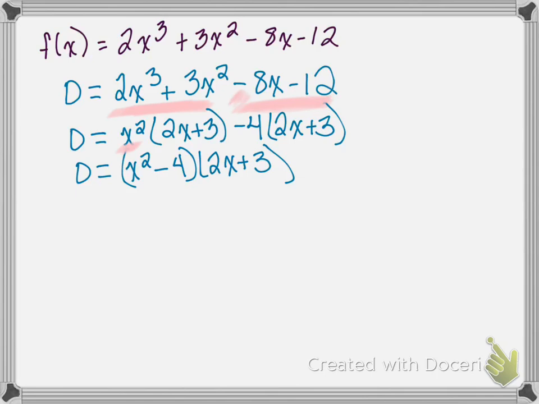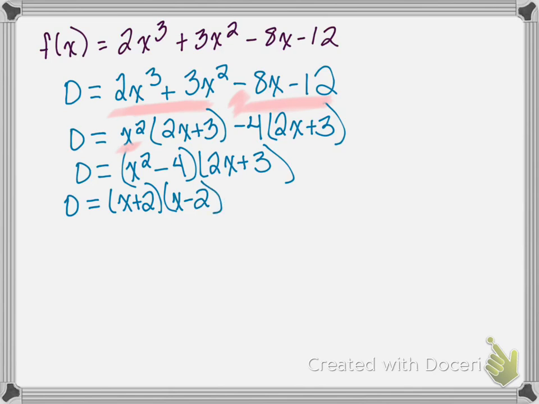Because there's a negative right here, that's a good indication that you're going to have to take a negative out of it. So negative 4 comes out of both of those, and I'm left with x squared minus 4 times 2x plus 3.